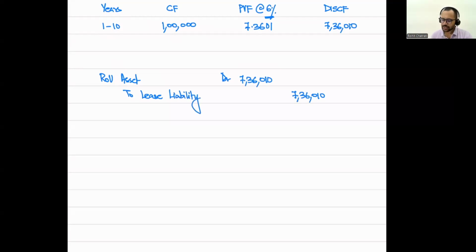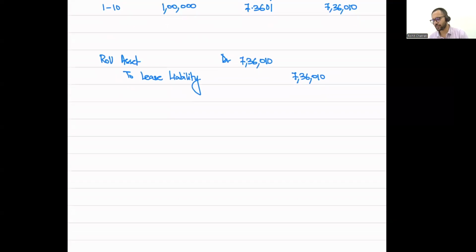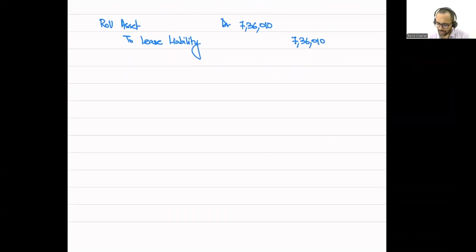This ROU asset would be depreciated over a period of 10 years, since the lease term is 10 years. The depreciation per annum on this ROU asset would be 7,36,010 rupees divided by 10 years, which is equal to rupees 73,601.